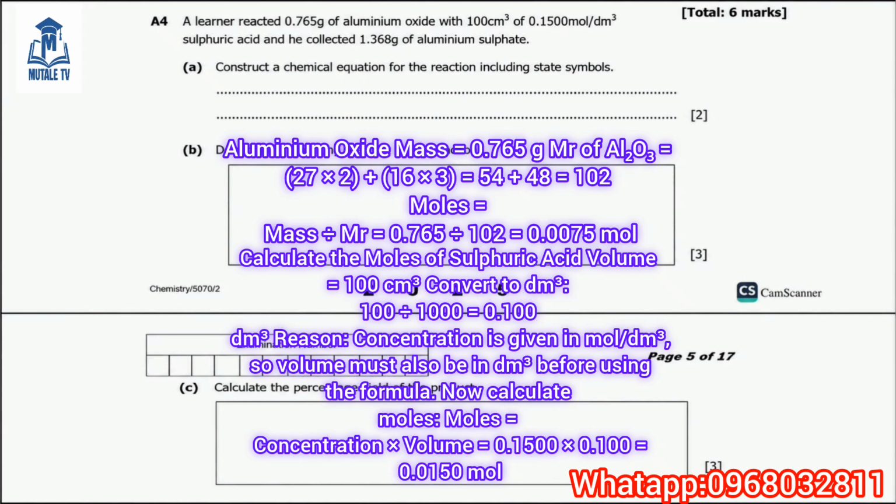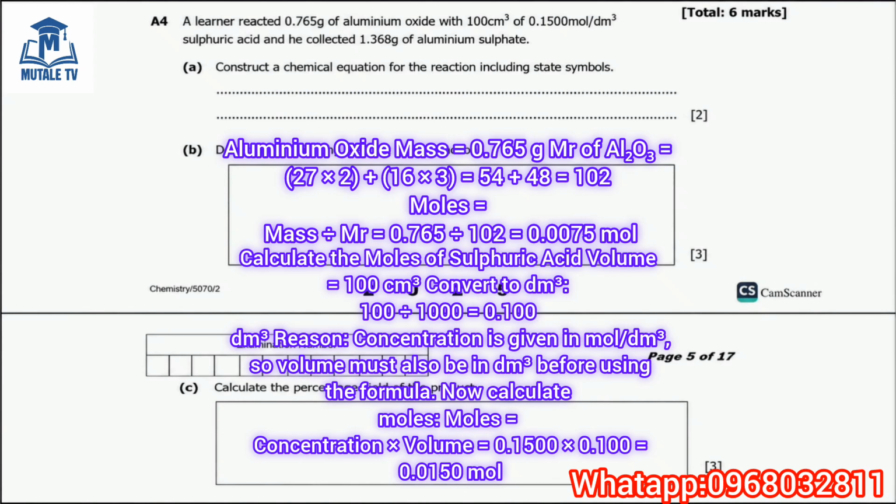We divide that 100 by 1000, giving us 0.100 cubic decimeter. That is why we have to convert, because in volume we always deal with cubic decimeters, and that's how we convert the 100 cubic centimeters into 0.100 cubic decimeters.